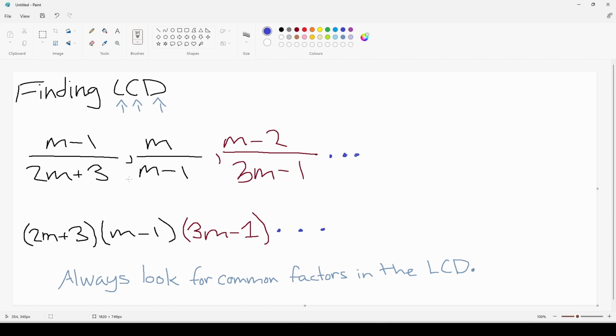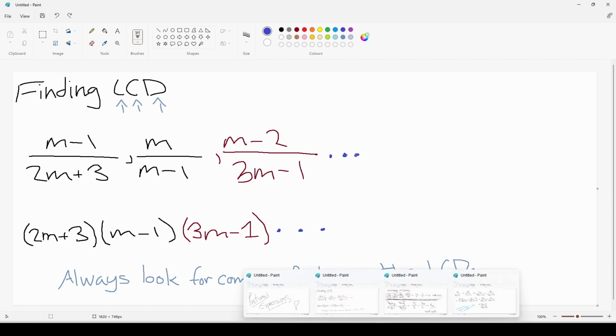In this case, there aren't any, so all we have to do is multiply them together. And this right here is our lowest common denominator between these two terms. And the way that we would apply that, we will look at in just a second here. But if you had a third term, say these are being added and subtracted or whatever, you just have to multiply that denominator in as well, and it's not too much of a hassle.